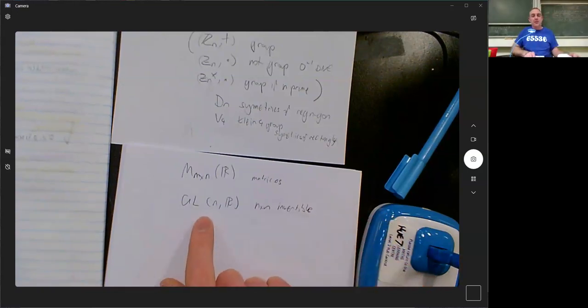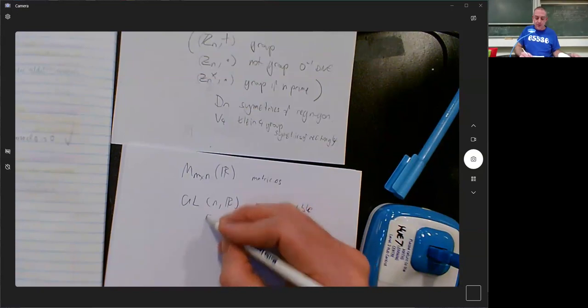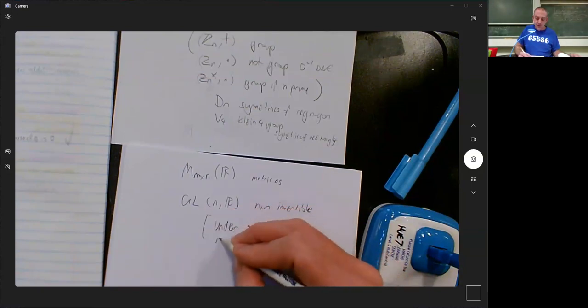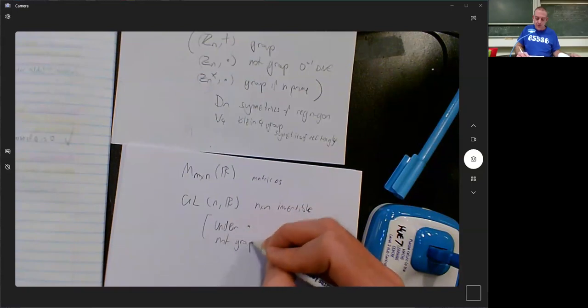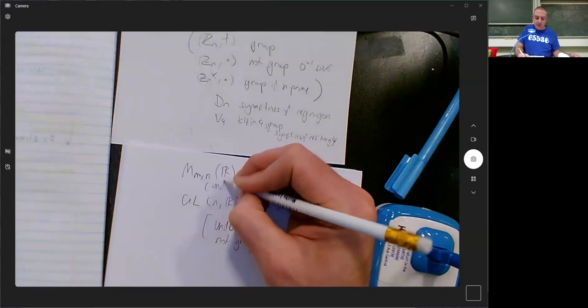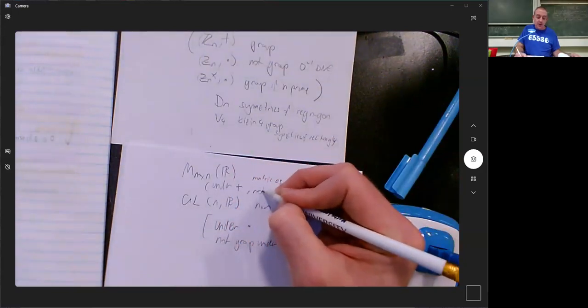So this one has to be under multiplication because it doesn't have an inverse for addition, because the zero matrix isn't invertible, and so it's not a group under multiplication. It's not a group under plus. And this one is under plus, it's not a group under times.